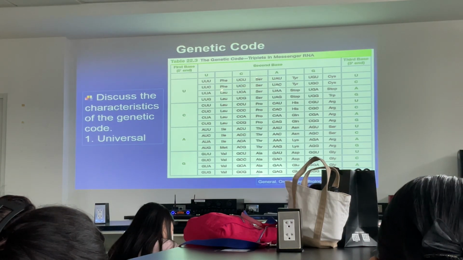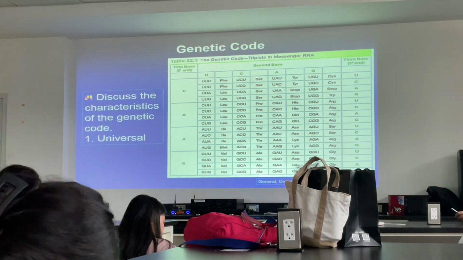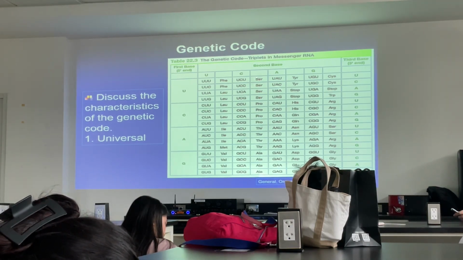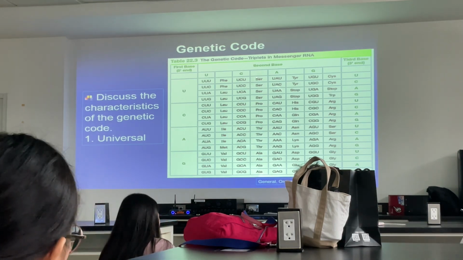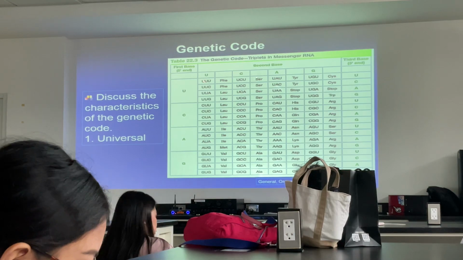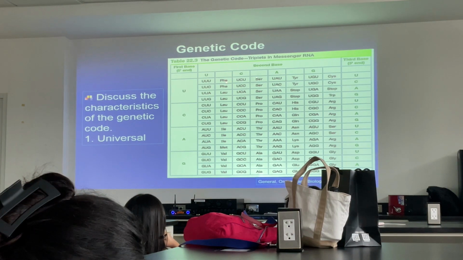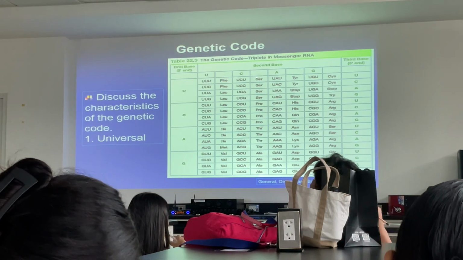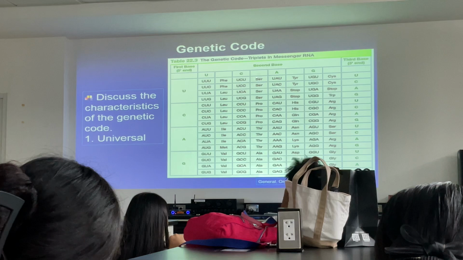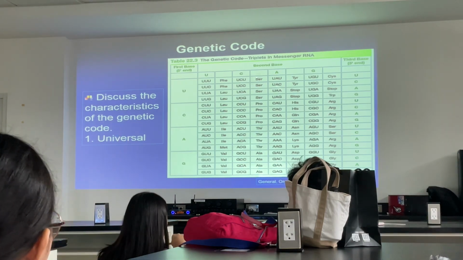That these different codons will code for the synthesis of amino acids in every organism, whether it is a plant, an animal, a human being. If three U's will code for phenylalanine in the human being, it's the same codon that will dictate synthesis of phenylalanine in plants, in animals, and so on. So therefore, the genetic code is universal.